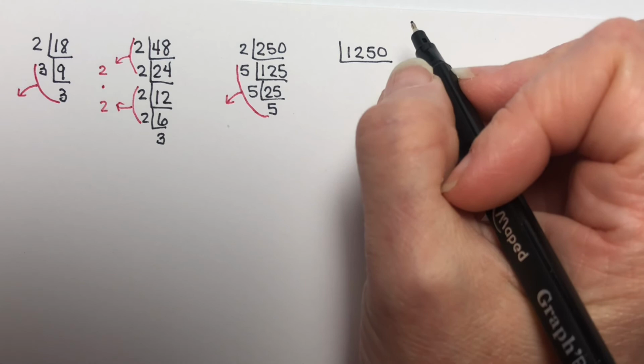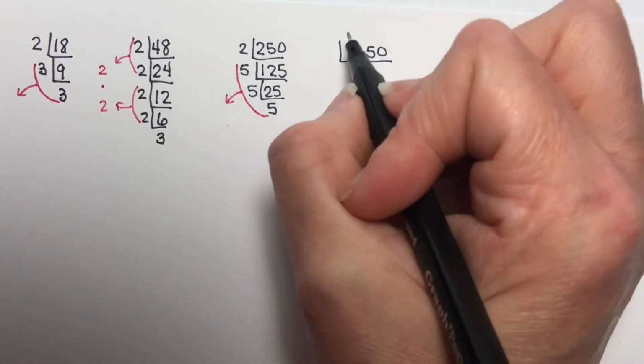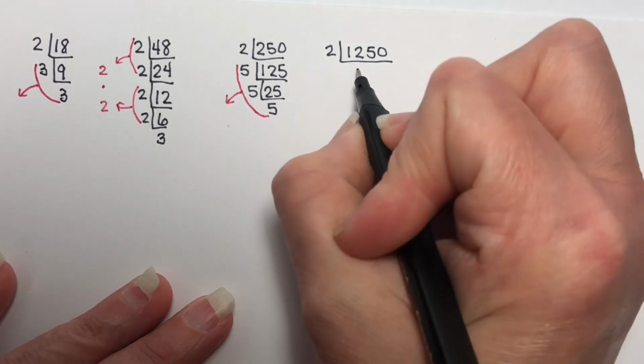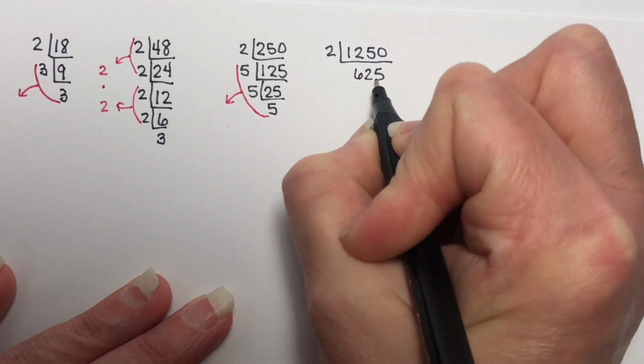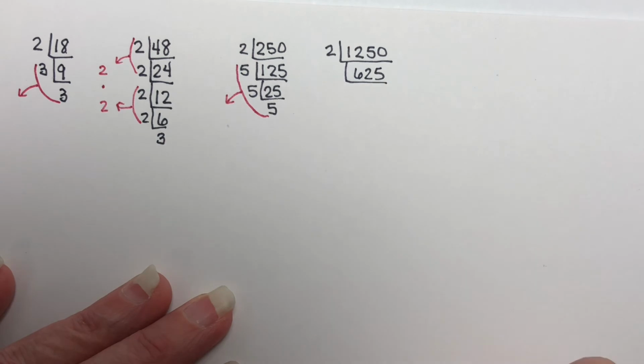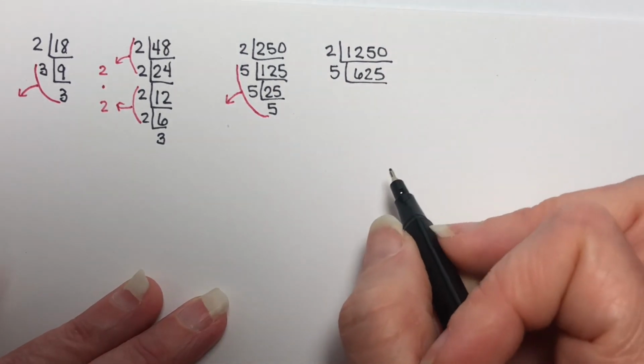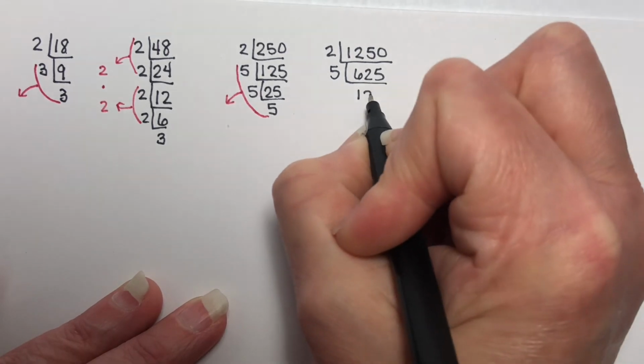Okay, 1250 is divisible by 2. And when I divide that by 2, I get 625, which is no longer divisible by 2. But it ends in a 5, so I know I can divide it by 5. And that will give me 125.